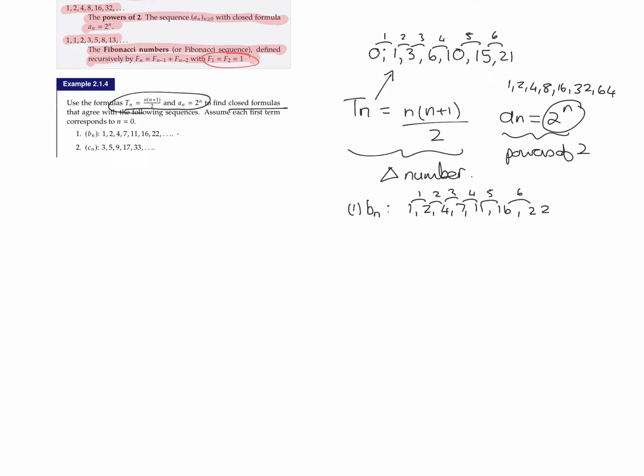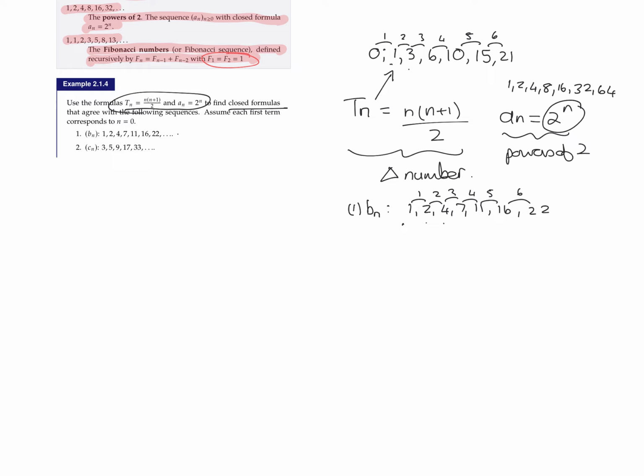Okay, so if we look at the sequence that we have, that we're busy working with here, the number sequence, let's see if it relates to our number sequence up there. Well, it looks like naught got added 1, 1 got added 1, 3 got added 1.